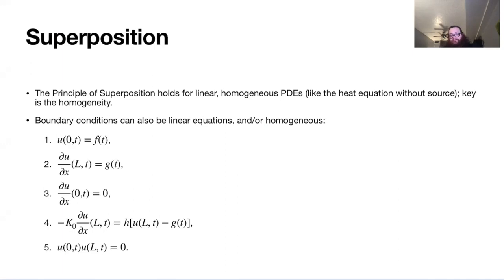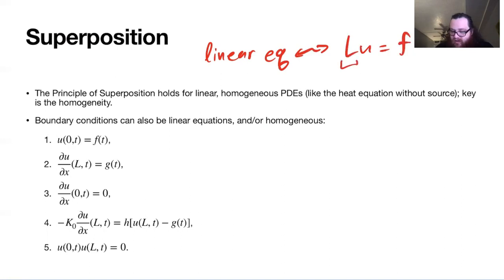We were talking about linear equations and the form they have to take. A linear equation is LU equal to F, where L is a linear operator and F is a given vector.